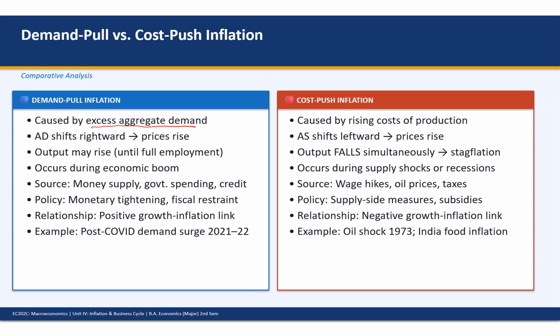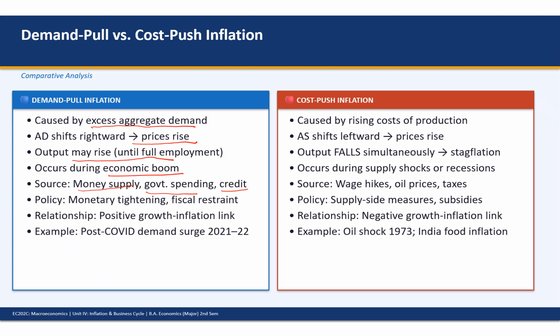In this case, the aggregate demand curve shifts right and price rises, and the output may rise until full employment is reached. It usually occurs during an economic boom, and it is linked to factors like money supply, government spending, better credit facilities, or in simple words, credit expansion.